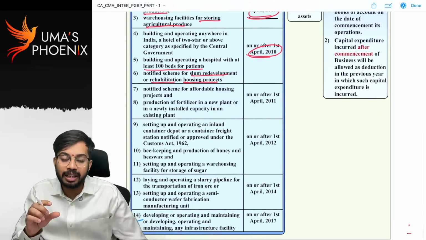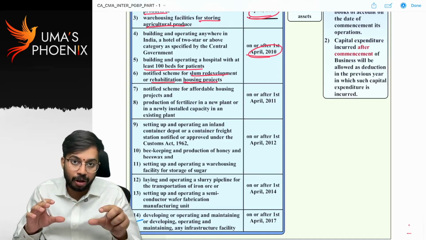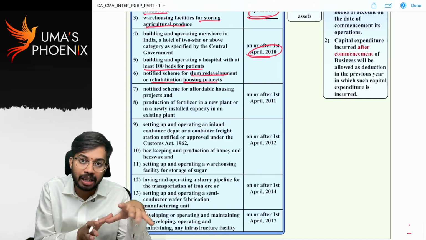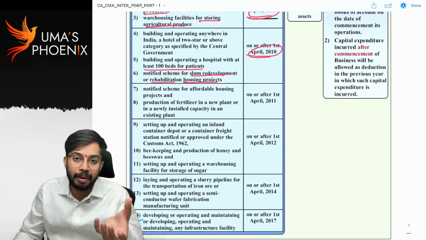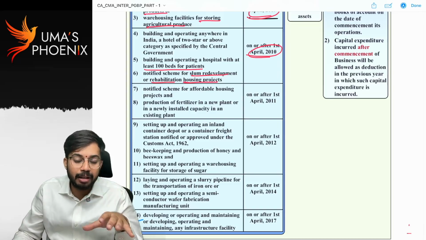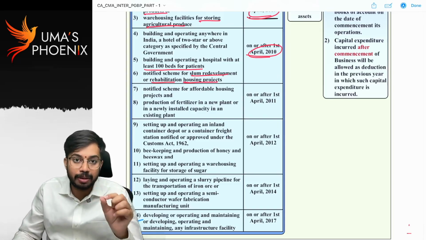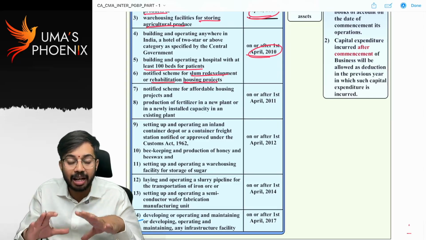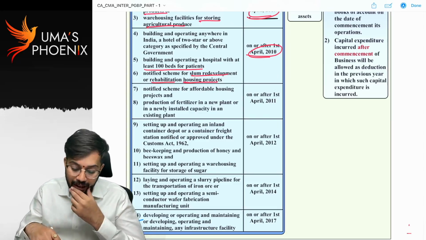So those companies which are engaged in construction projects, they do exclusively government related construction contracts under a scheme. What is that scheme? Slum redevelopment or rehabilitation. So under government schemes with regard to slum redevelopment or rehabilitation housing projects, if any construction business is there, that construction business is also eligible for deduction under section 35AD.